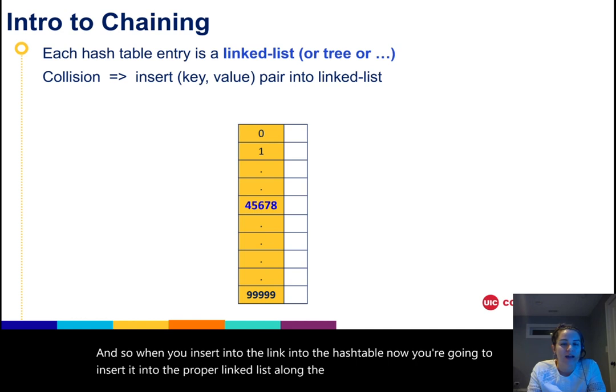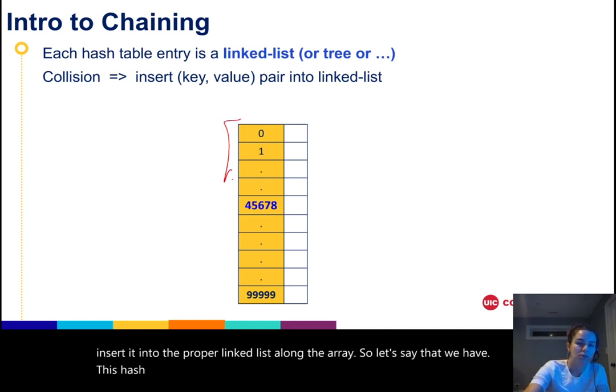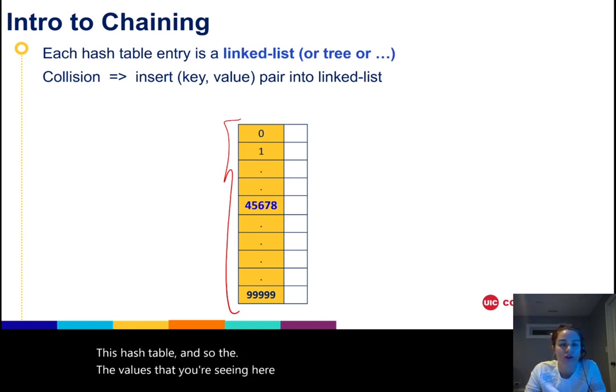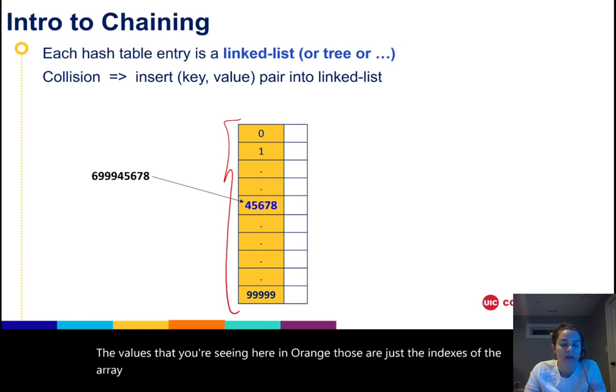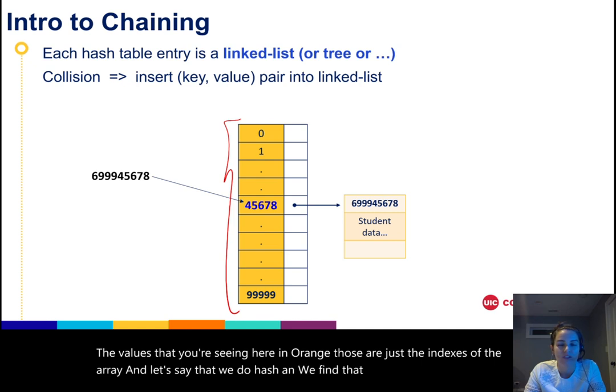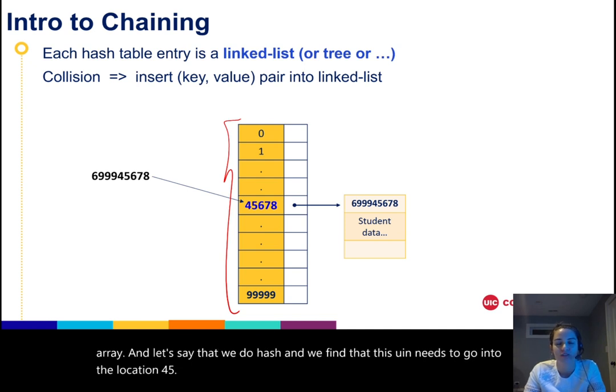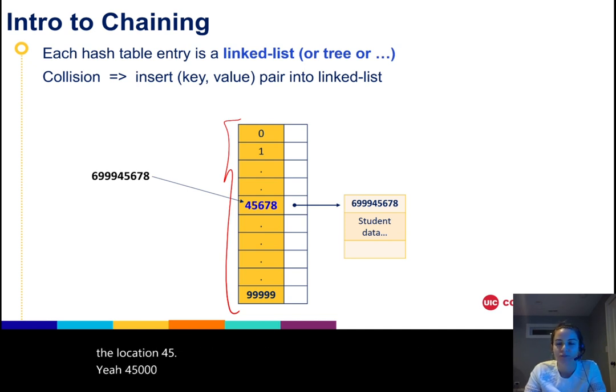So let's say that we have this hash table, and the values that you're seeing here in orange are just the indexes of the array. Let's say that we do a hash and we find that this UIN needs to go into location 45,678.